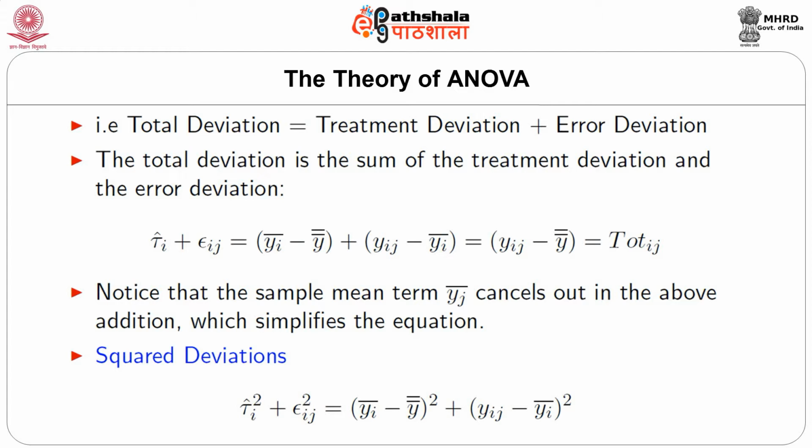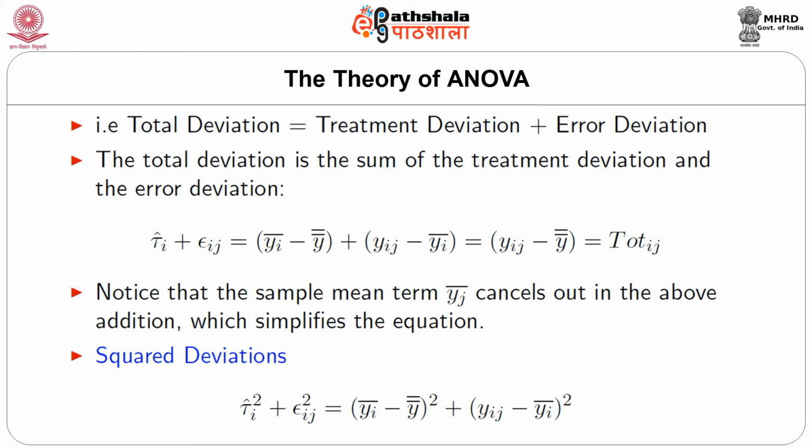Tau i hat plus epsilon ij equals yi bar minus y double bar plus yij minus yi bar, equal to yij minus y double bar, and that is tot ij. Notice that the sample mean term yi bar cancels out in the above addition, which simplifies the equation, which otherwise would be even more complicated than what it is now.